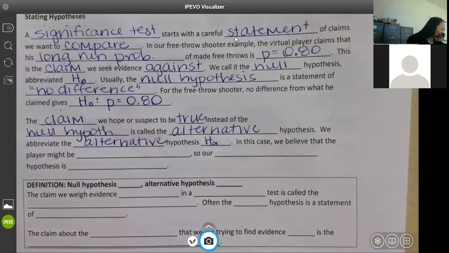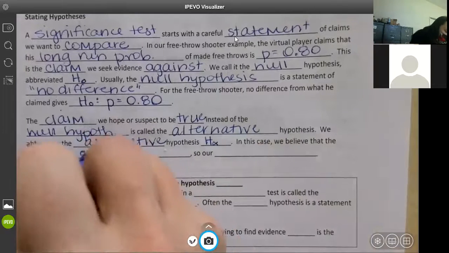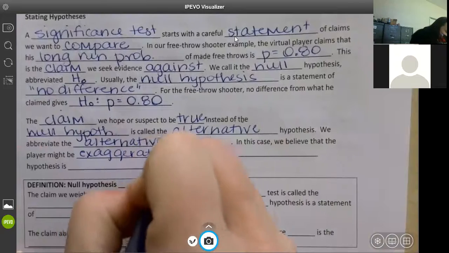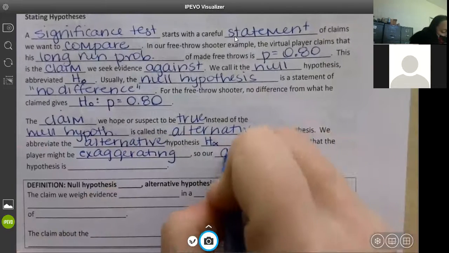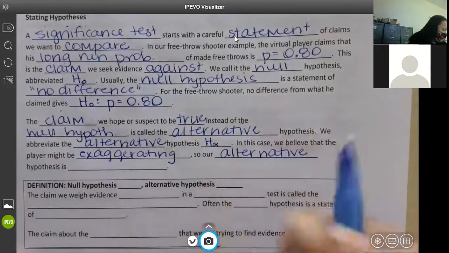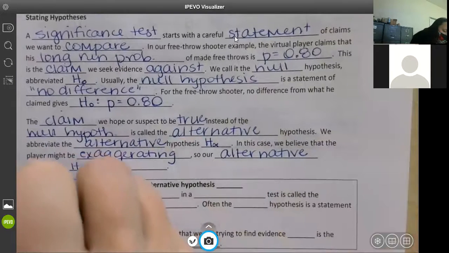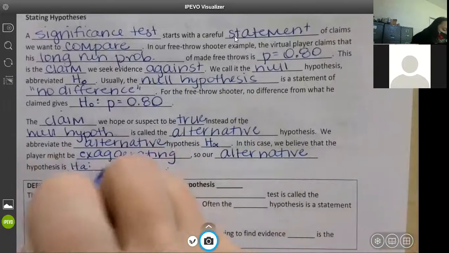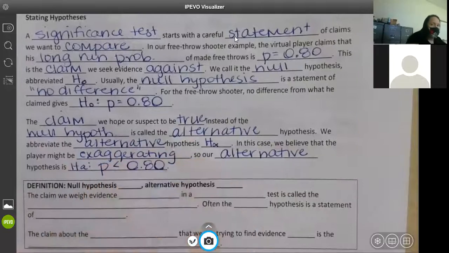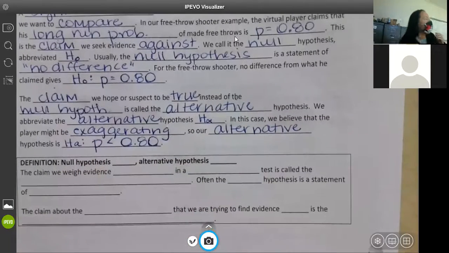In this case, we believe that the player might be exaggerating. So our alternative is H sub A: p is less than 0.80. We don't think he's that good. Again, it'll tell you in the problem, and we're going to have examples in just a minute.